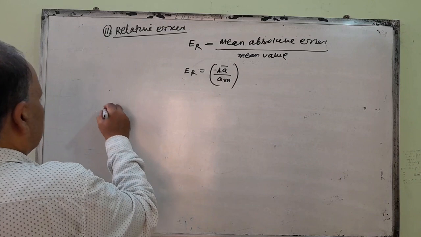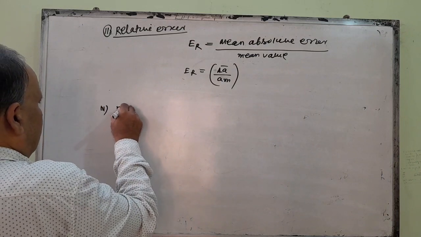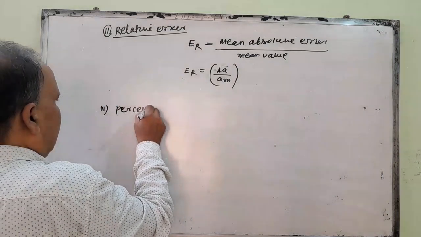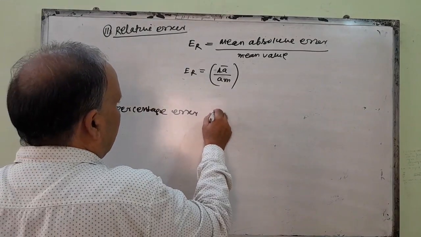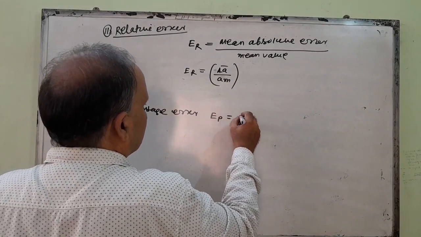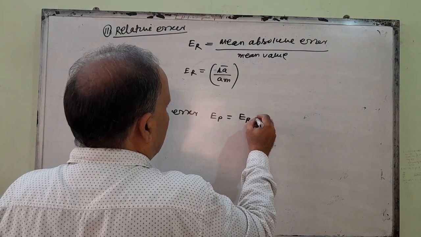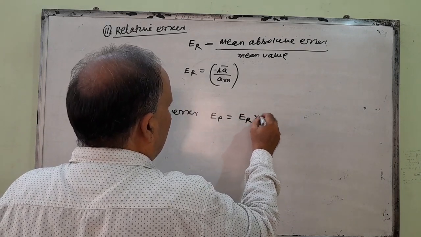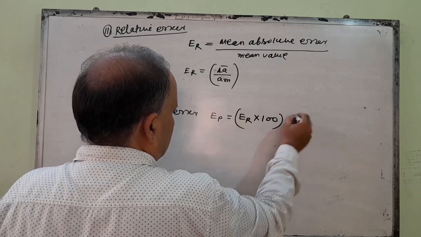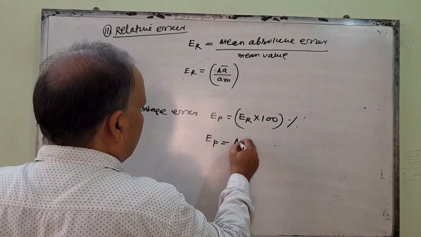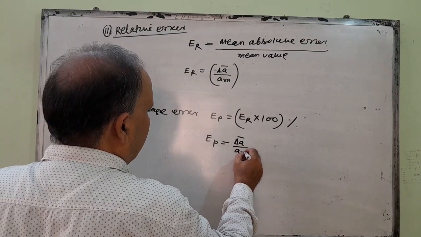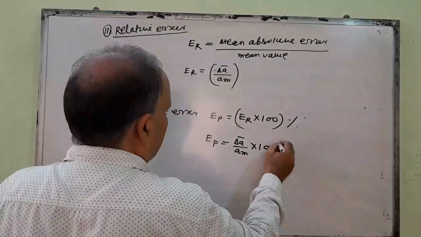Next come to your percentage error. Percentage error EP, you can write relative error into 100 percent. That means percentage error is equal to delta A bar by Am into 100%.